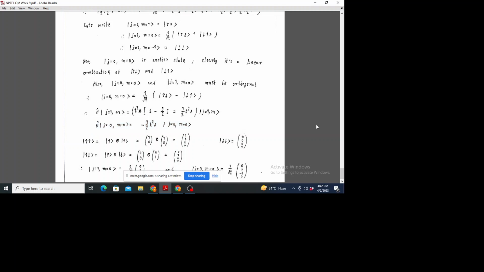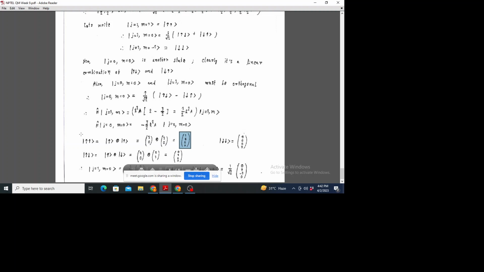And how to explicitly find these eigenstates? This up state means the direct product between these two up states. So 1 0 direct product with 1 0 gives you this 4 cross 1 column vector.